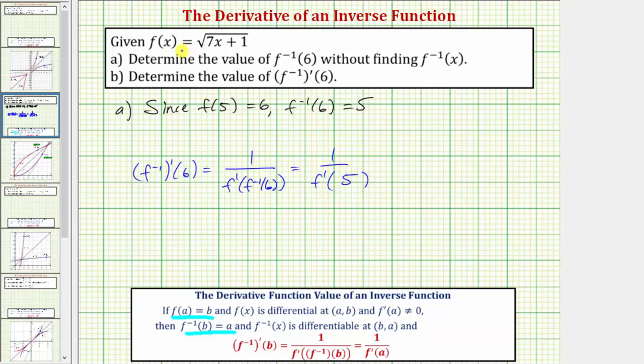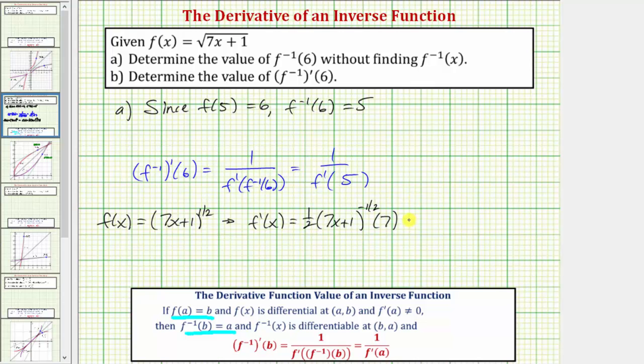Let's write f of x using a rational exponent. So f of x equals the quantity 7x plus 1 raised to the 1/2, which means f prime of x is going to be equal to 1/2 times the quantity 7x plus 1 raised to the power of 1/2 minus 1, that's negative 1/2, times the derivative of 7x plus 1, which is equal to 7.